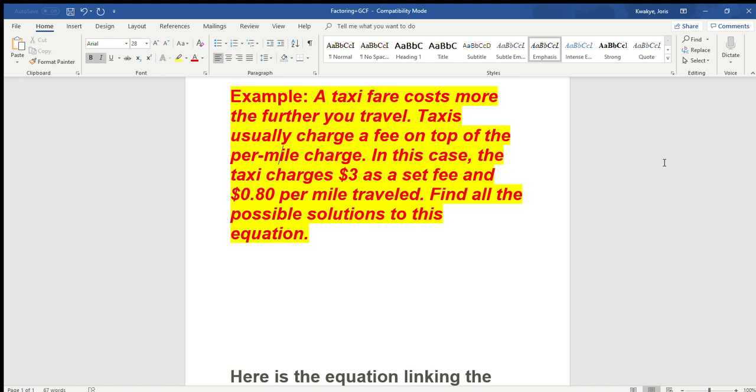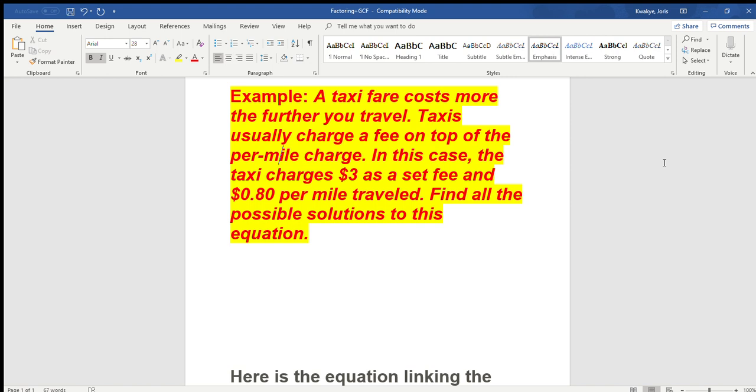to the presentation assignment. So here we have a taxi fare that costs a fixed amount and then an additional charge for every mile traveled, excuse me.